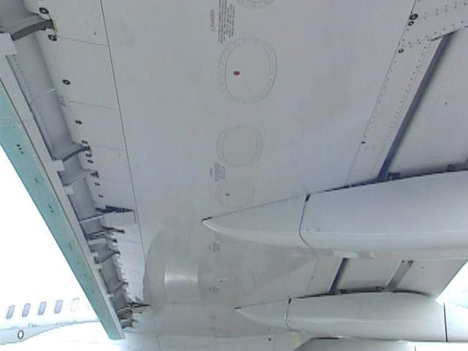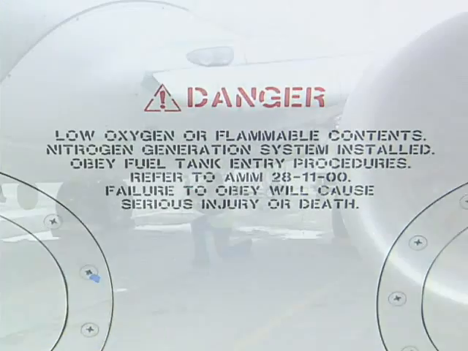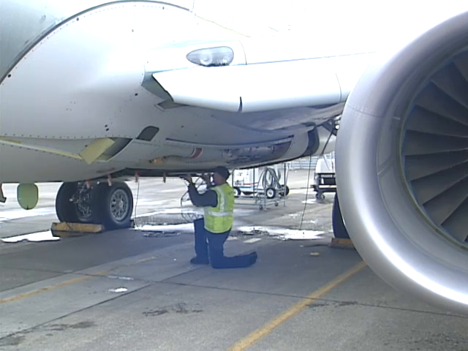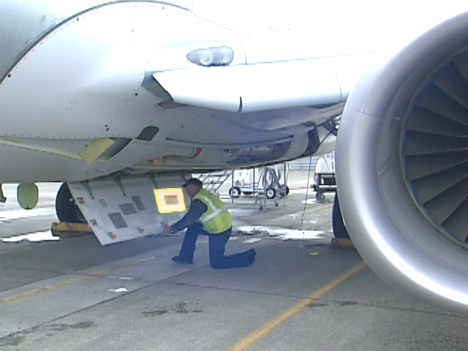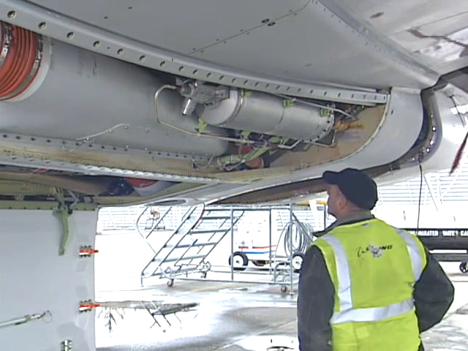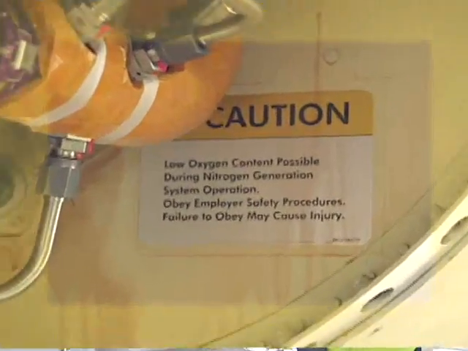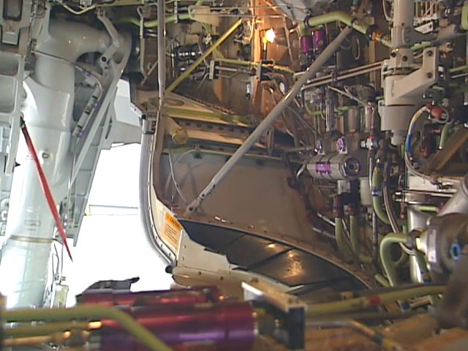These hazard placards or stencils are near the access for the fuel tanks, left AC pack bay, the left ram air compartment, and the main landing gear wheel wells.